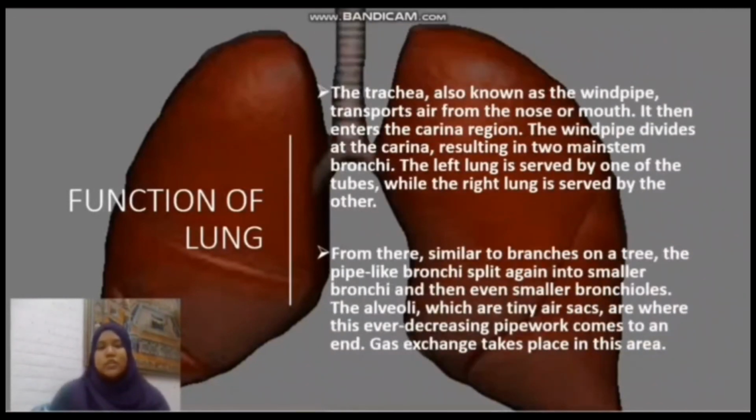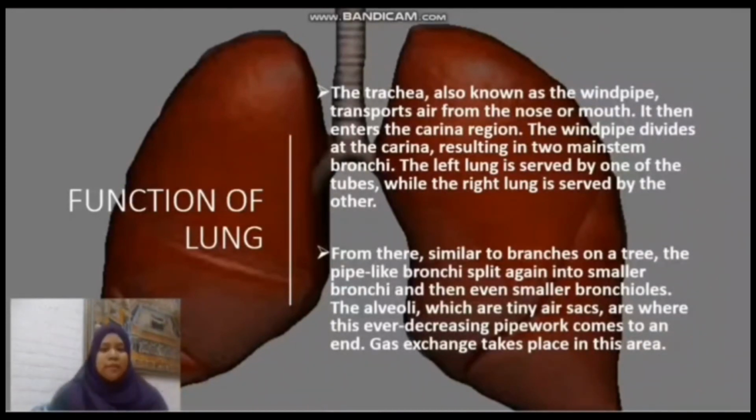Next, the trachea, also known as the windpipe, transports air from the nose or mouth. It then enters the carina region. The windpipe divides at the carina, resulting in two main streams, the bronchi. The left lung is served by one of the tubes, while the right lung is served by the other.